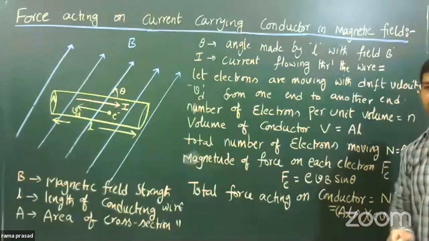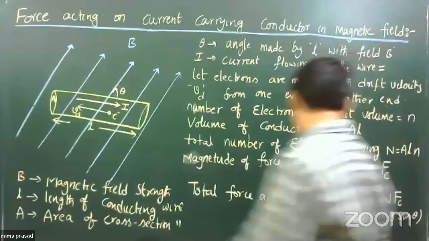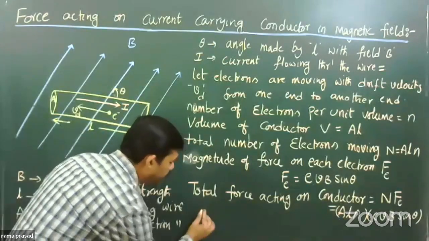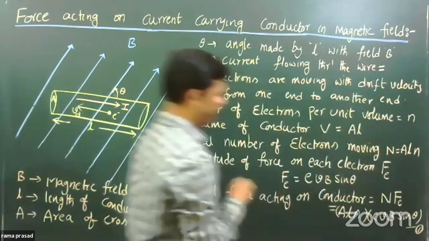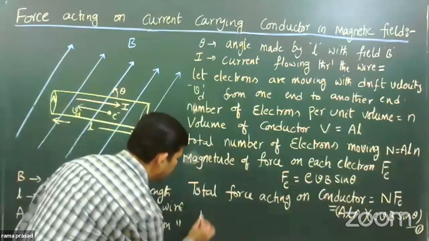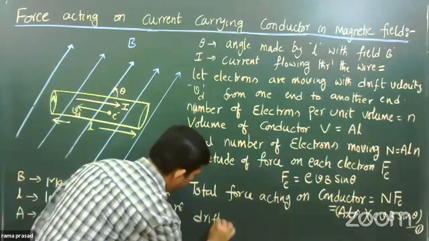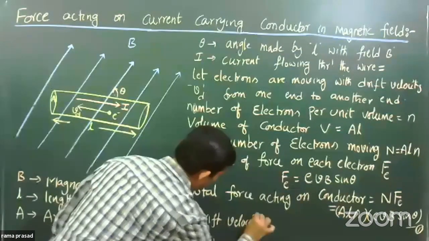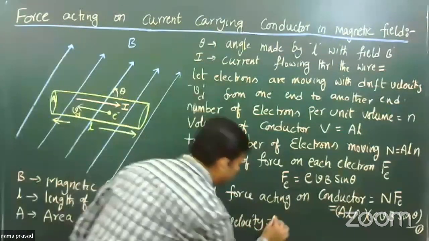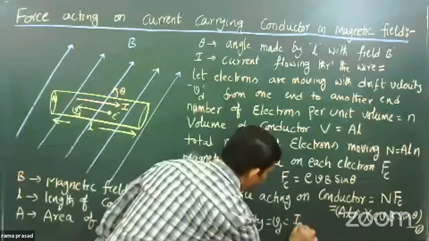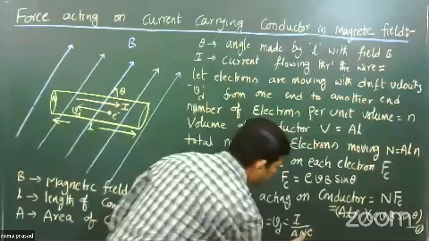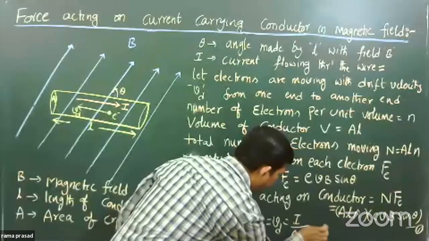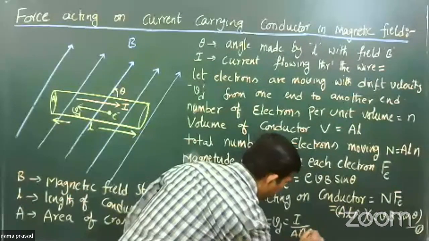We know drift velocity Vd is equal to I by A n e.